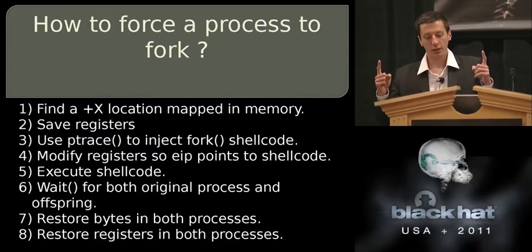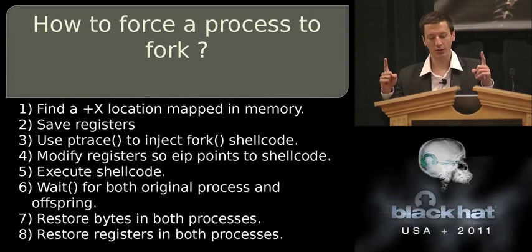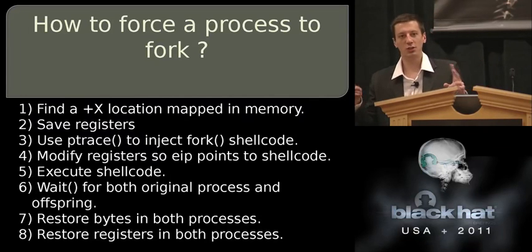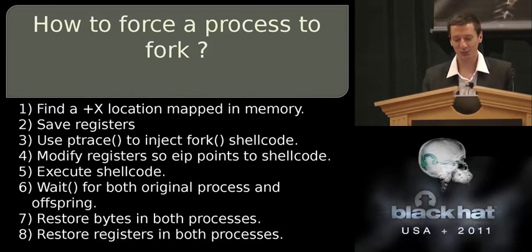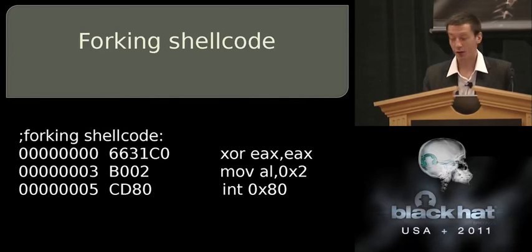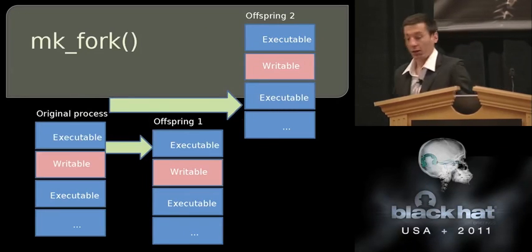We restore the modification we've just done when injecting the shellcode. So we patch back a few bytes in both processes, and we restore registers in both processes. Yeah, the shellcode for just forking is pretty simple.